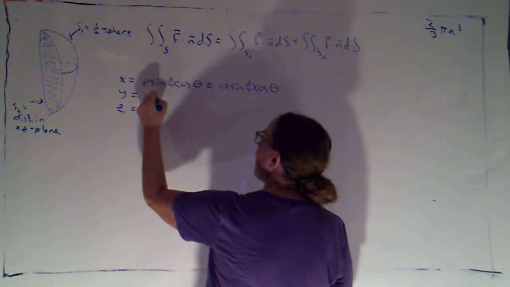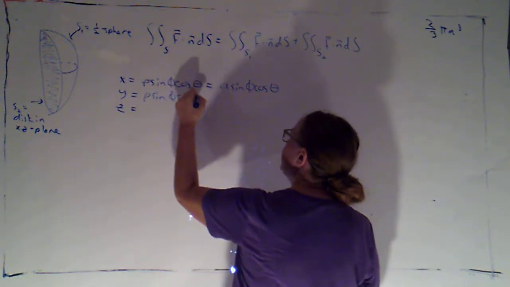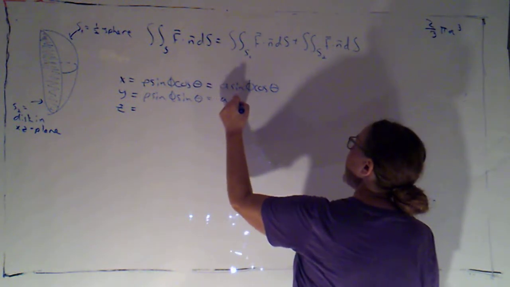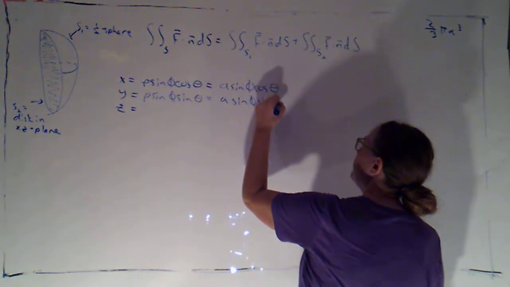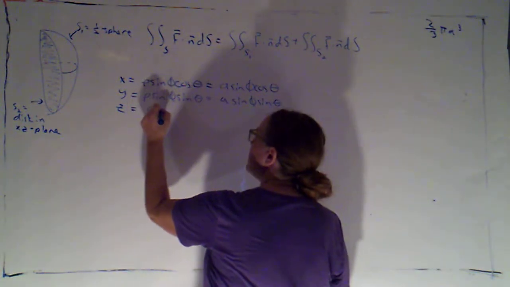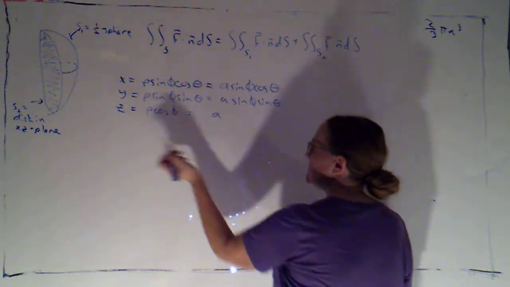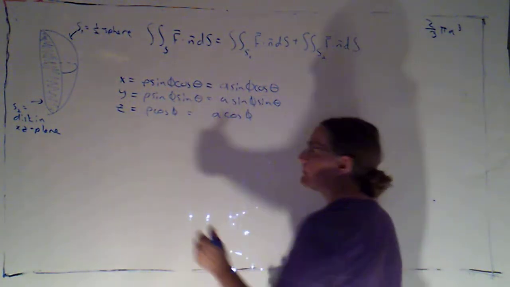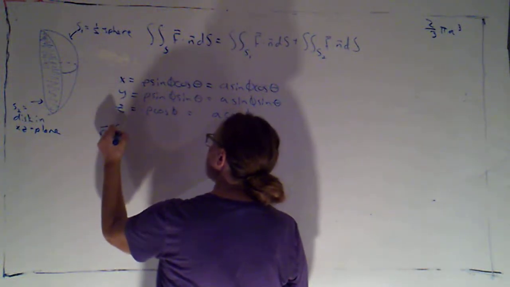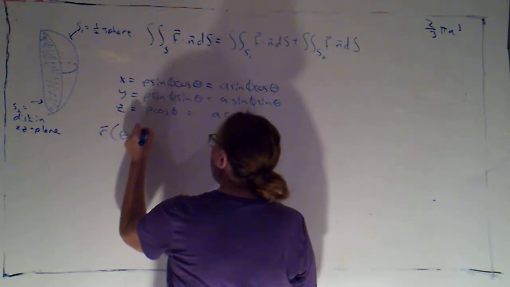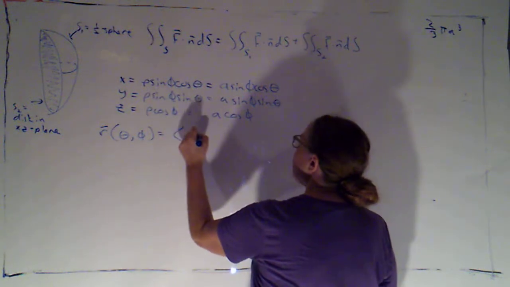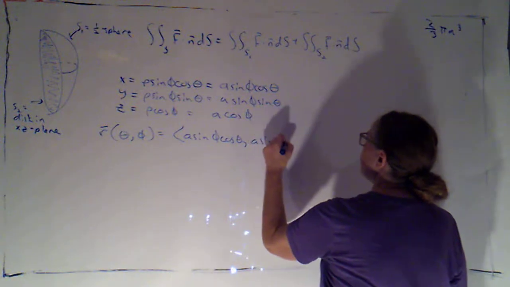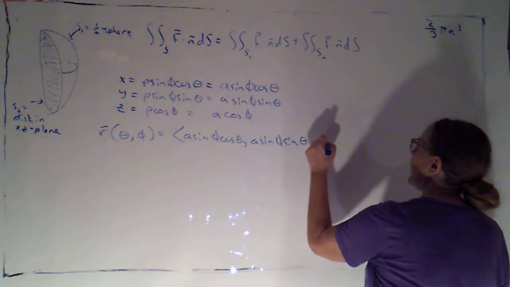Y is rho sine phi sine theta, which becomes A sine phi sine theta. And in general, z is rho cosine phi, which becomes A cosine phi. So my parameterization is R of theta, phi equals A sine phi cosine theta, A sine phi sine theta, A cosine phi.